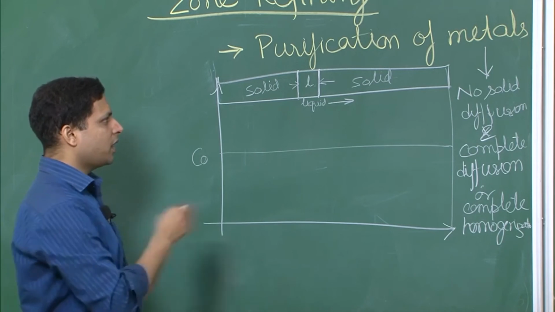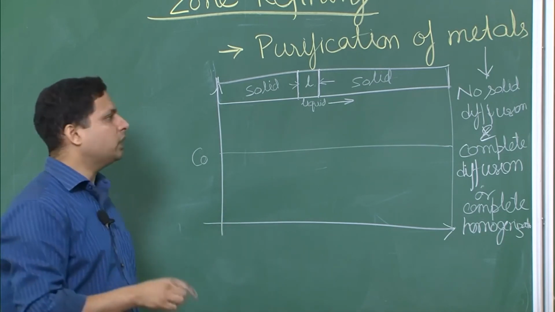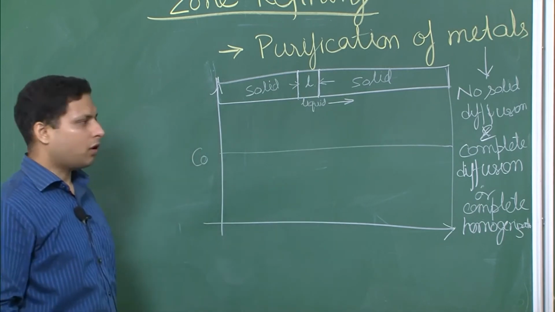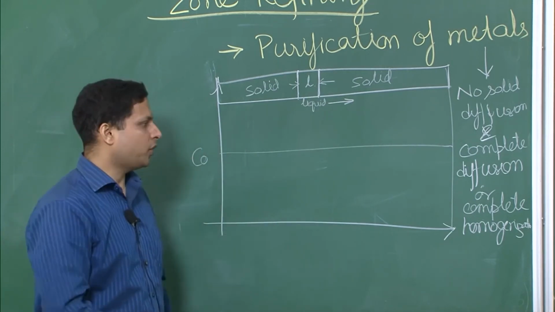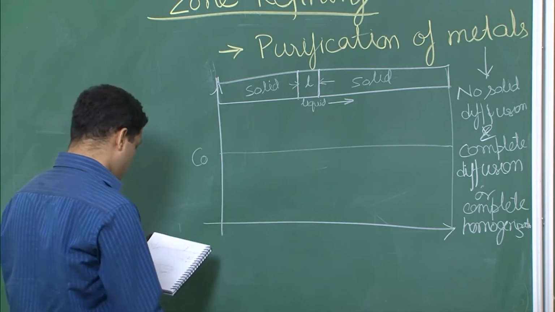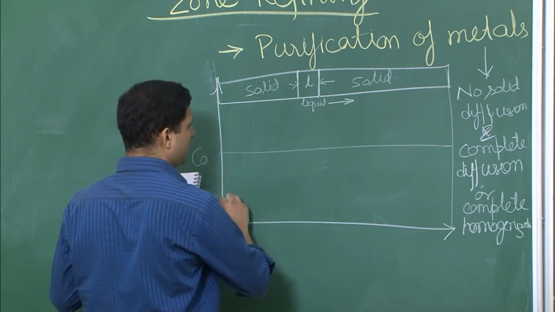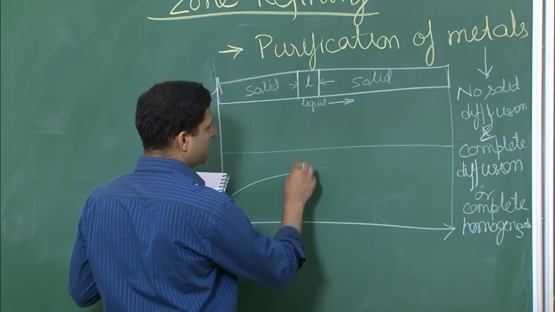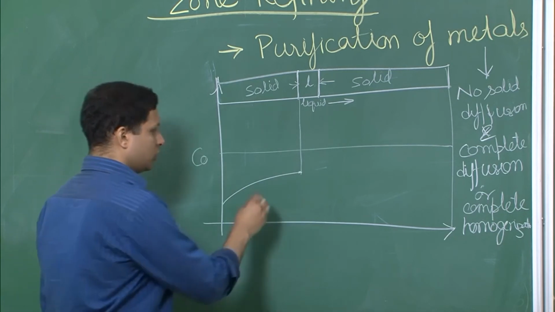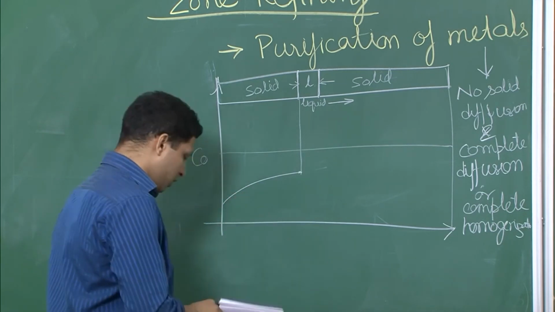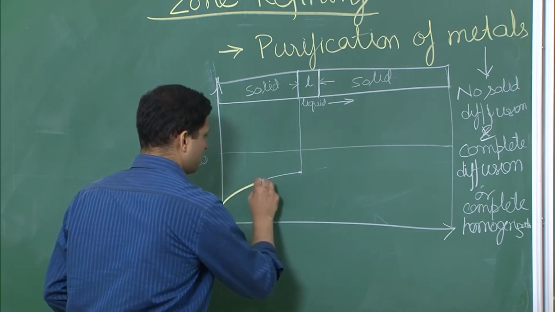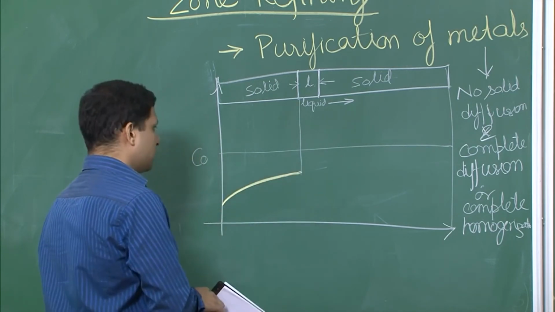So that is the overall concept that is being extended over here, but instead of doing solidification from one side to another by melting the whole thing, you are just keeping one particular zone of length L in liquid state and you are doing the solidification. So if this were the original concentration, then you would see that you have reached up to this concentration of solid. So this represents the concentration of solid. Let me draw this in yellow.